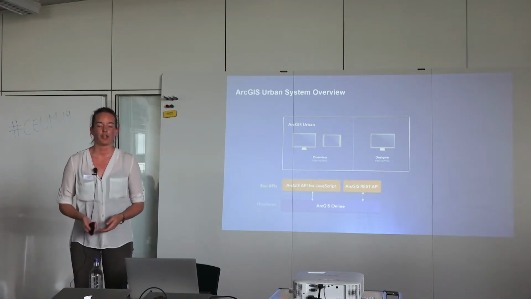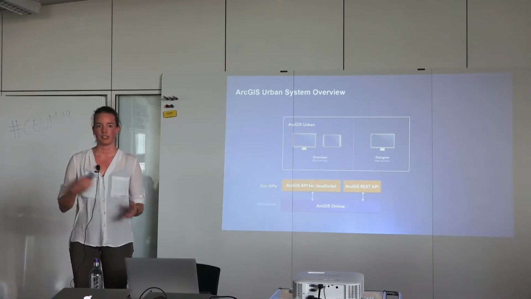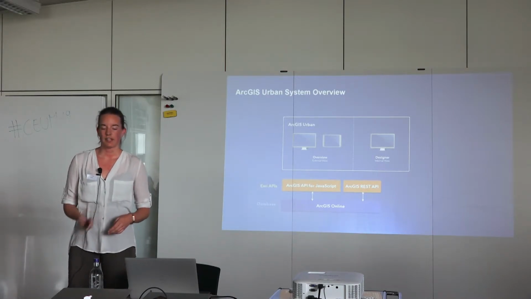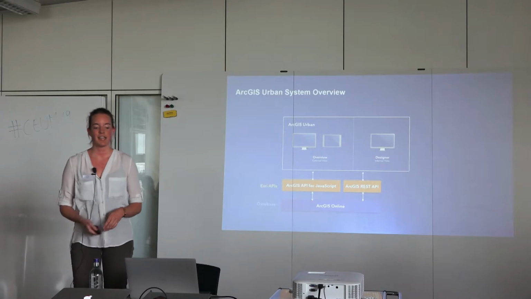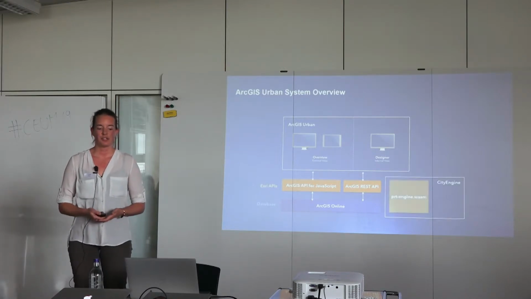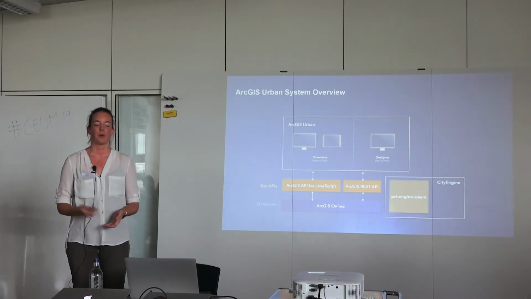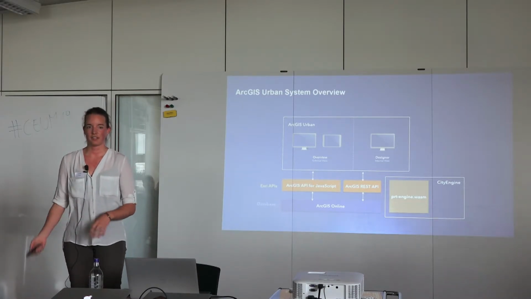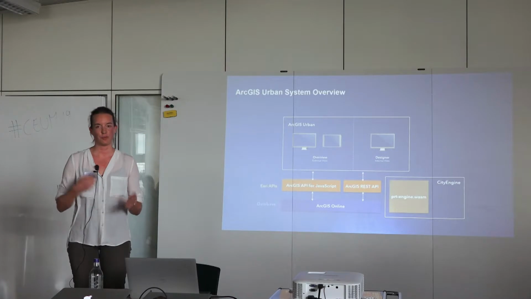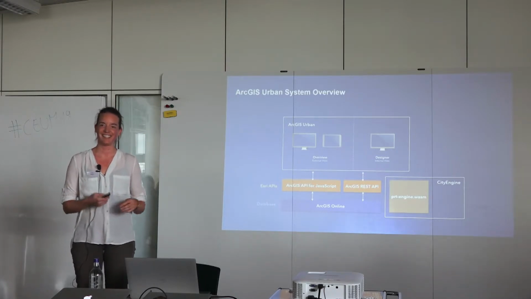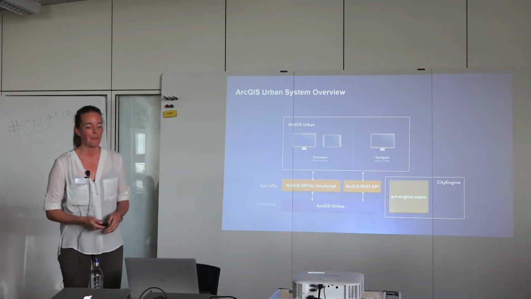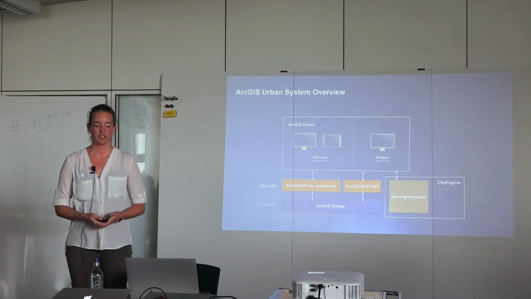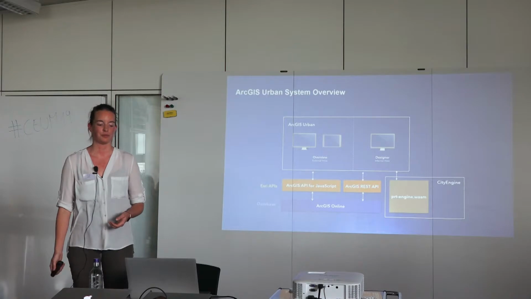Then we use the ArcGIS API for JavaScript for displaying the 3D data, as well as the REST API for editing. And interesting for you guys is that we're using the same procedural runtime core as CityEngine uses, so the power behind is the same. We're also using it to create plausible building forms that I'm going to show later on.